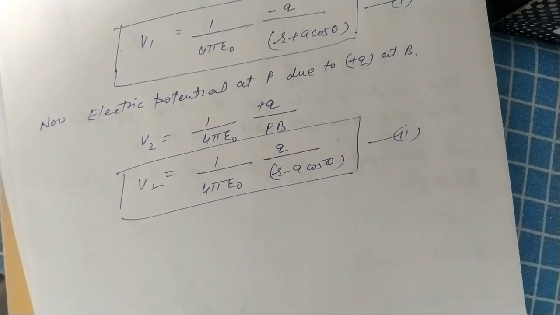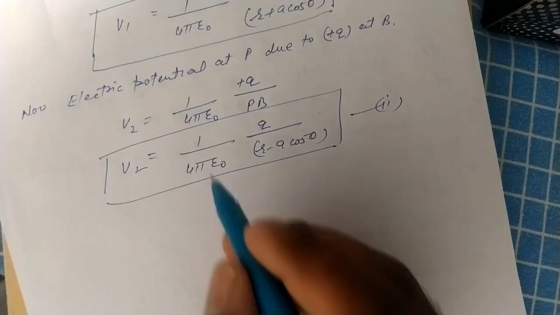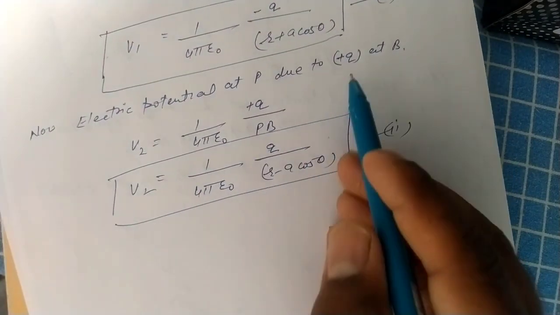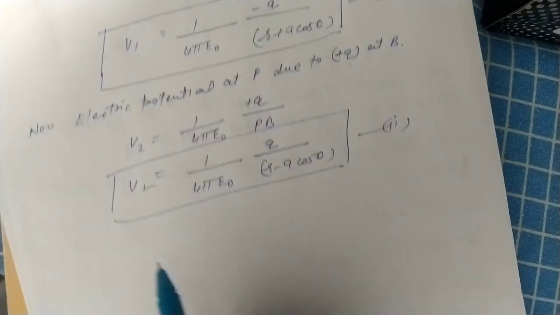This is the value of electric potential at point P due to the positive charge Q at point B.